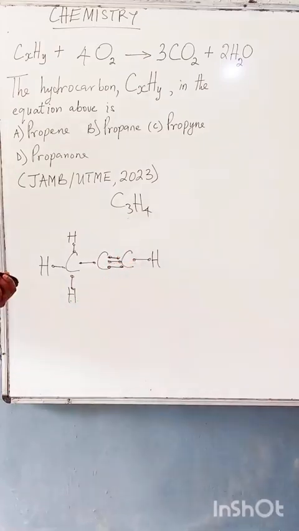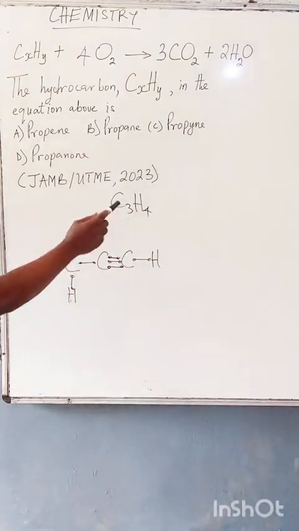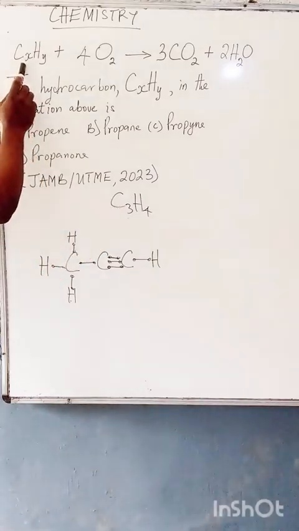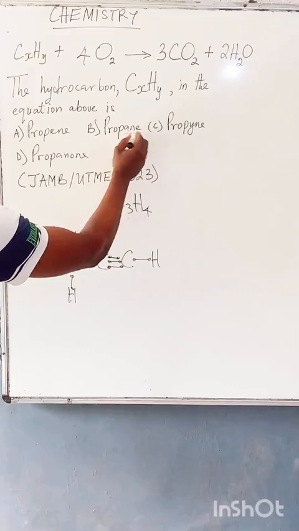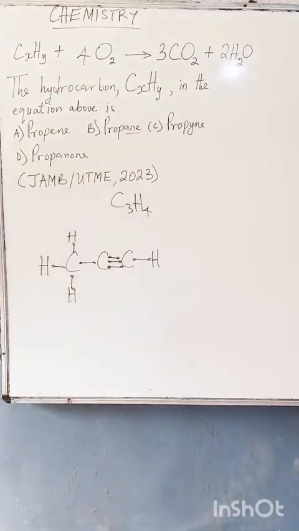So this is the structure of this compound, the CxHy which we have called C3H4. What then is the name of this compound? If there were single bonds all through, that is saturated hydrocarbons, the alkanes, we are going to pick the ANE ending as the suffix.